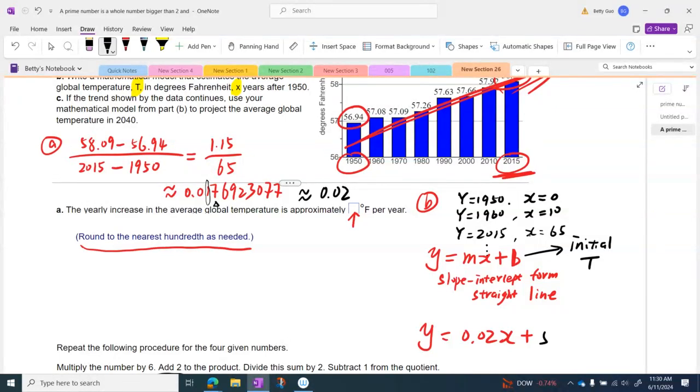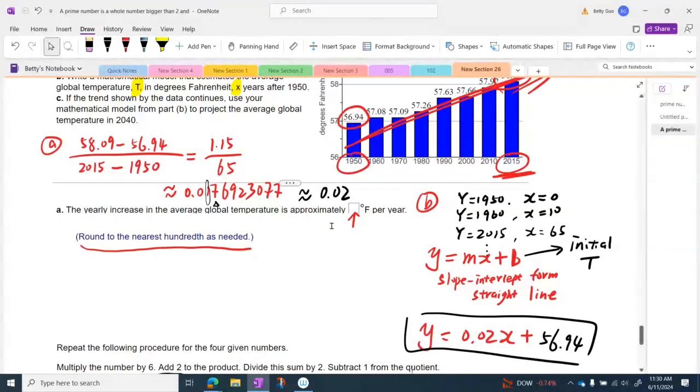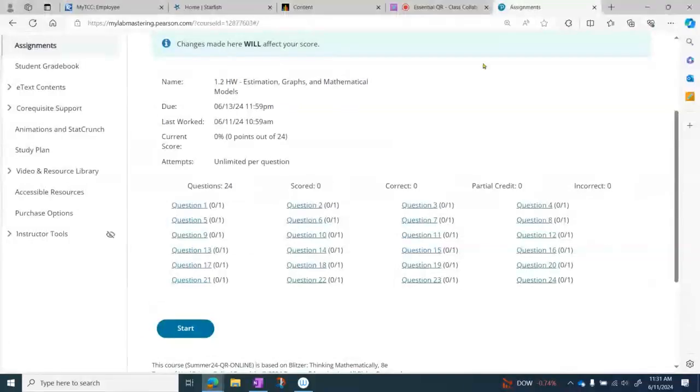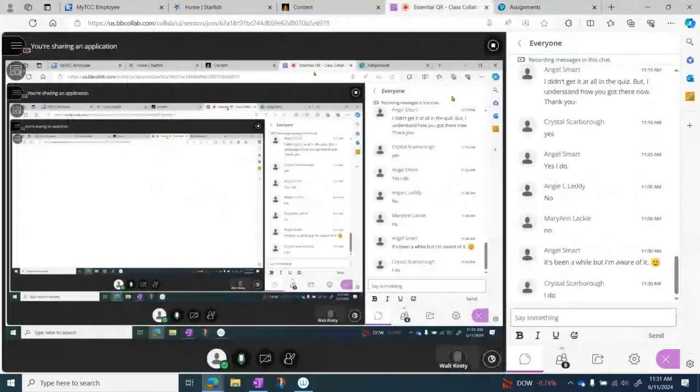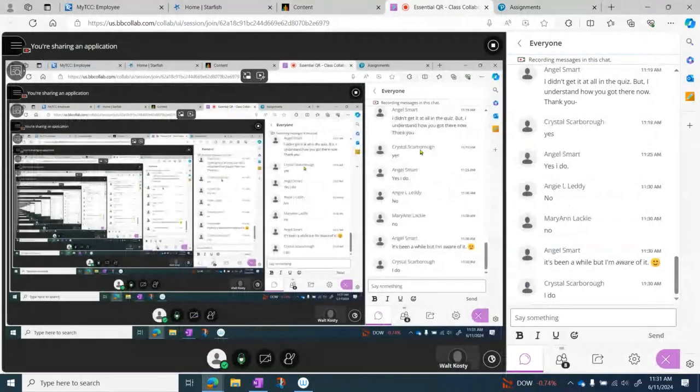So it's going to be 56.94. Once you remember straight lines pretty well, this will be a very doable problem. It's been a while, but yeah. So it's a straight line.